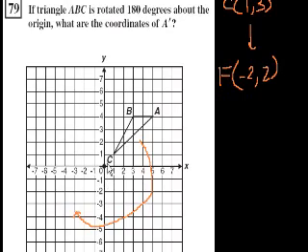When we've rotated the C, this is going to be the new C. It's going to be right there. And then the new A, I just want to make sure I'm doing this right. This is almost like a visualization problem.